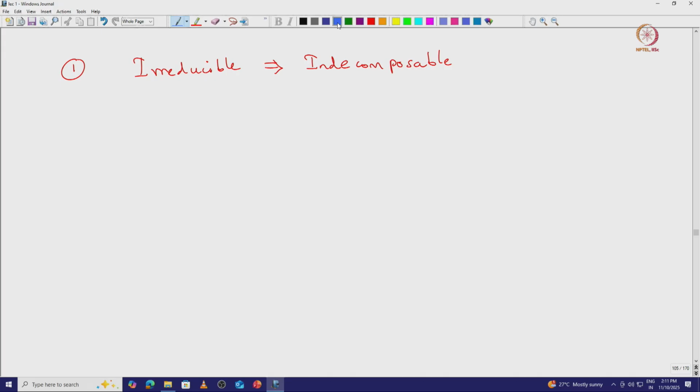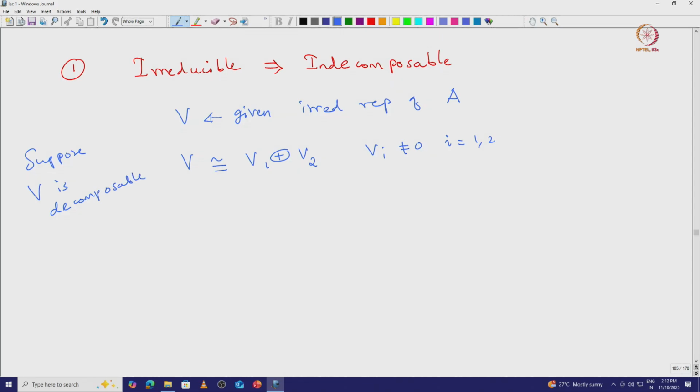If we start with a representation that is irreducible, so let us say V is a given irreducible representation of, let us say, capital A, then it cannot be decomposable, because if it were decomposable, then V would be isomorphic to a direct sum of V1 and V2, where both Vi are non-zero representations. Suppose V is decomposable. Now one can easily prove that in this case V must contain a non-trivial subrepresentation.